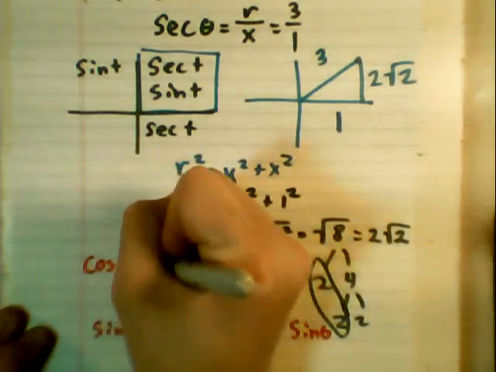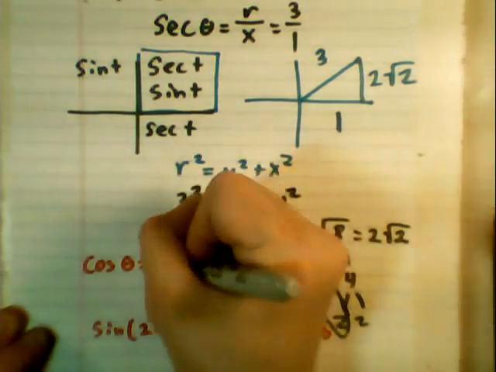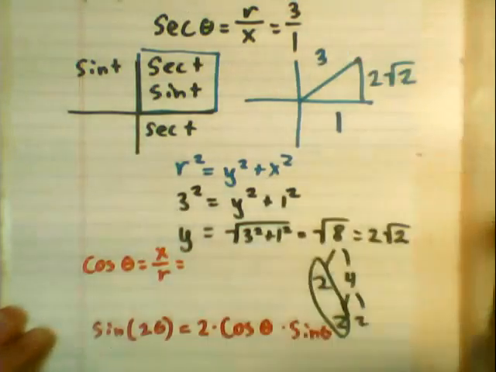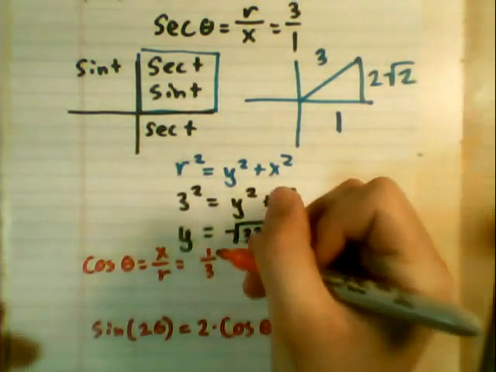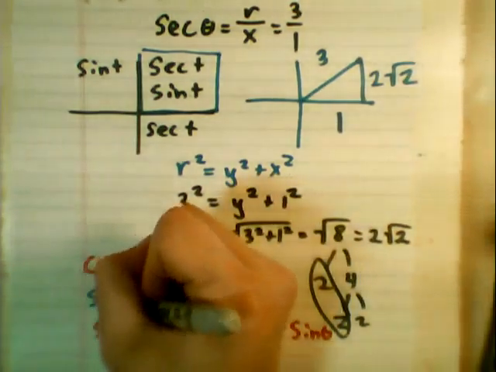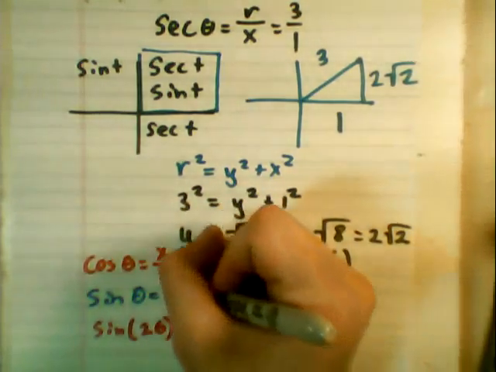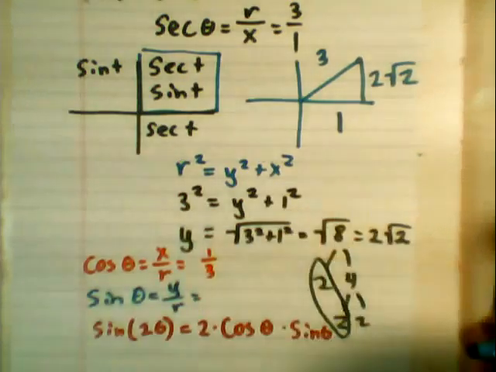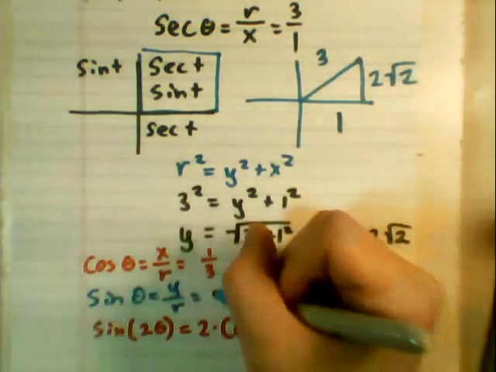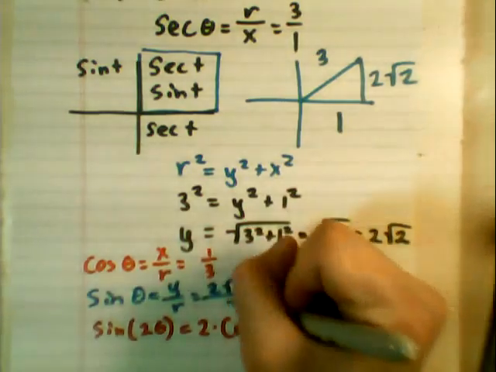Cosine theta, if you recall, is x over r. So our x is 1, and our r is 3. So we have 1/3. And our sine, if you recall, is y over r. Our y is 2 square root 2, and our r is 3. So we have 2 square root 2 over 3.